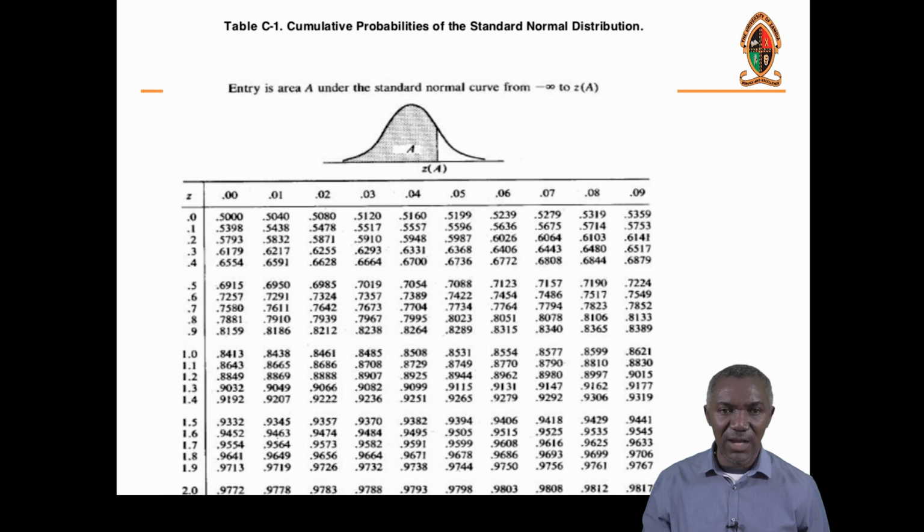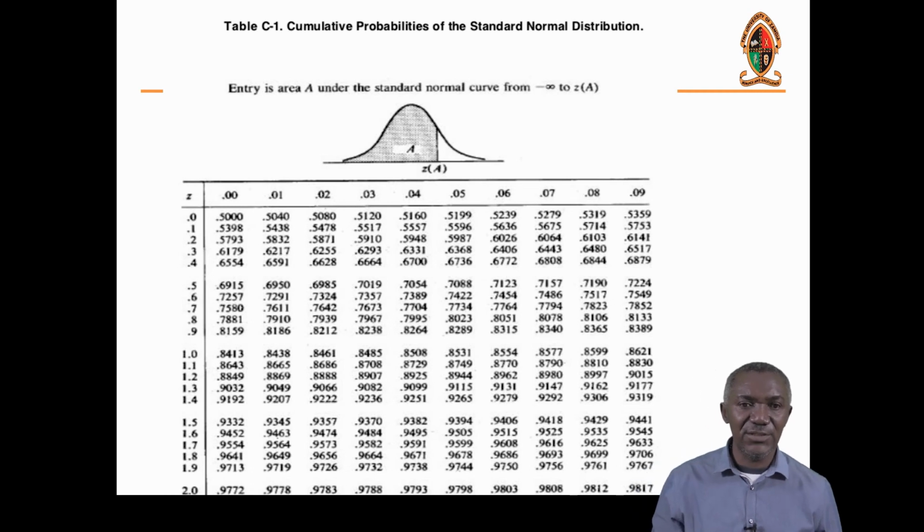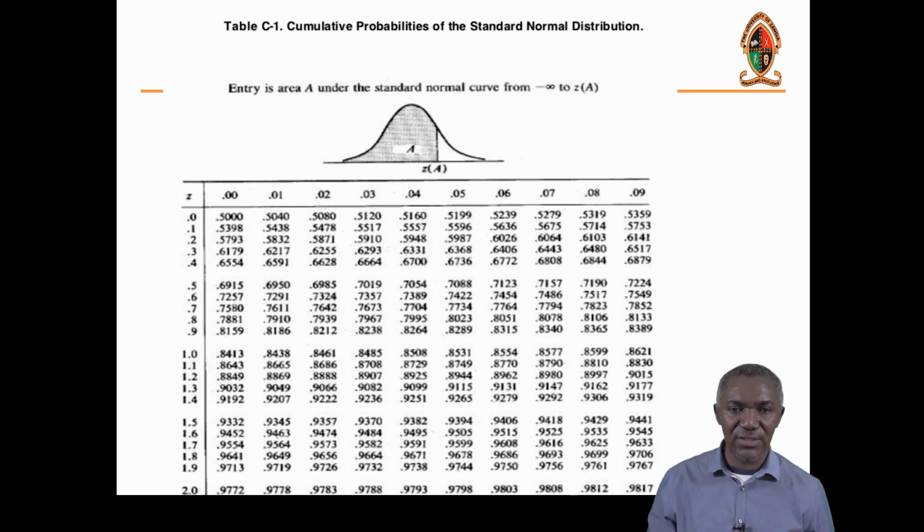What we have on the extreme left column are z-scores, and what we have inside here are probabilities or percentages.